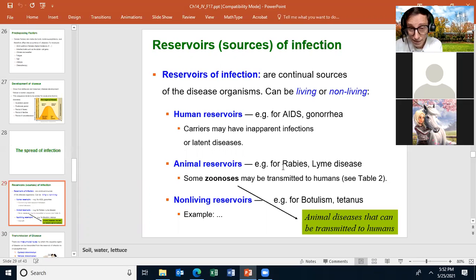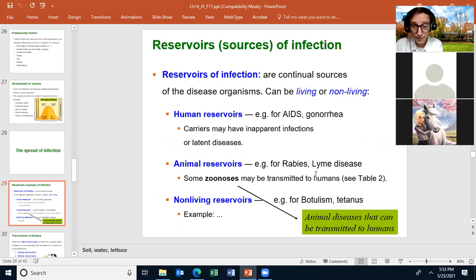The disease cannot spread from a human. So rabies has to come from an animal, and it spreads from other animals to humans. But rabies cannot spread from a human to other humans or other animals.